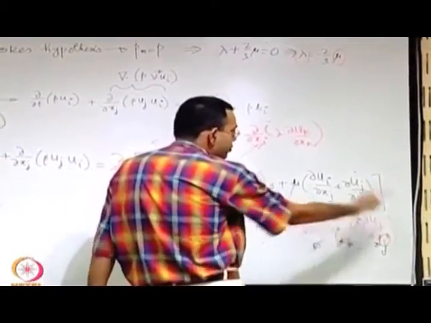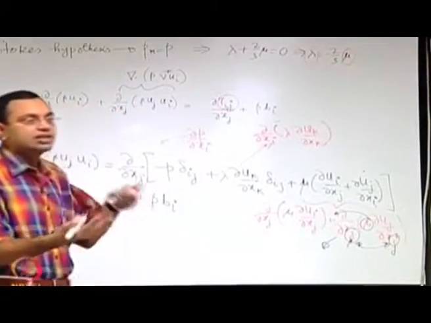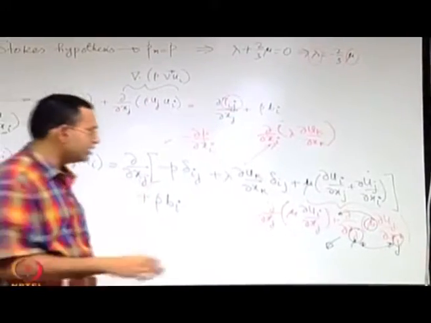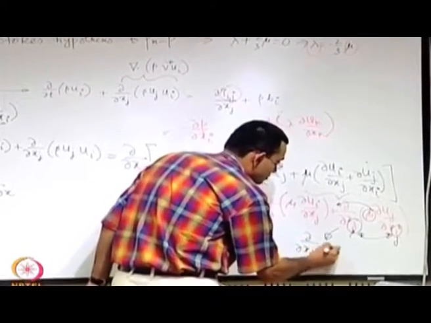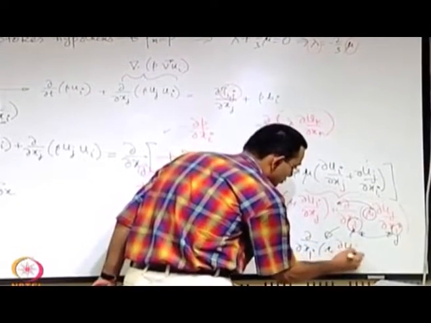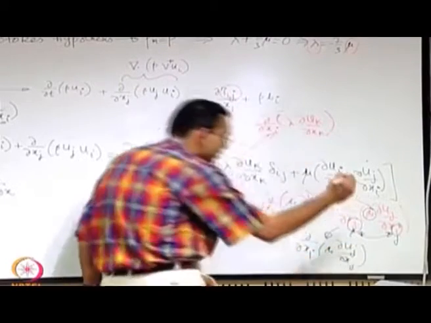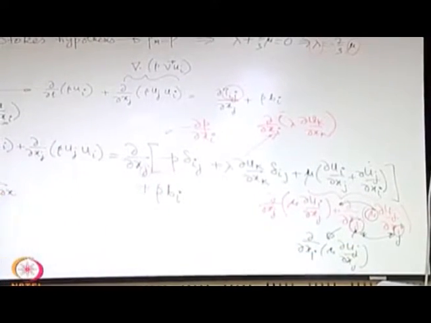Maybe again you may put mu back inside, because if mu is a constant, you can play with it either inside or outside. So then it will become... right, okay.